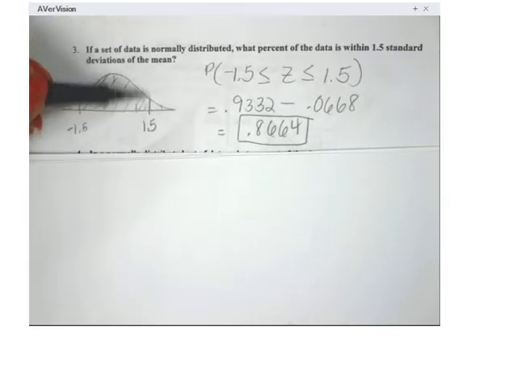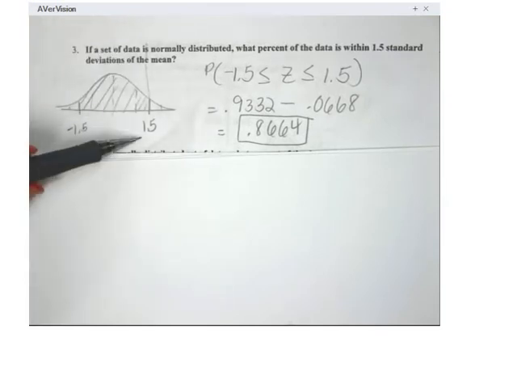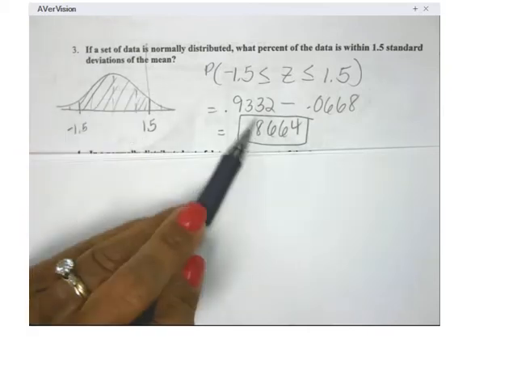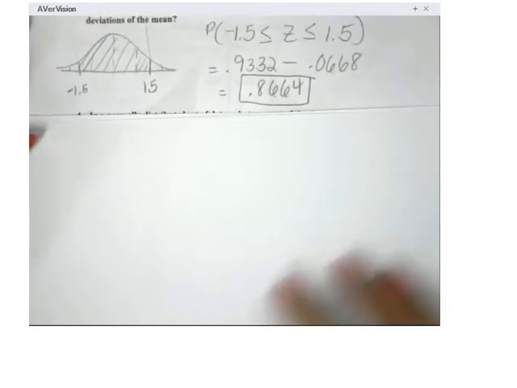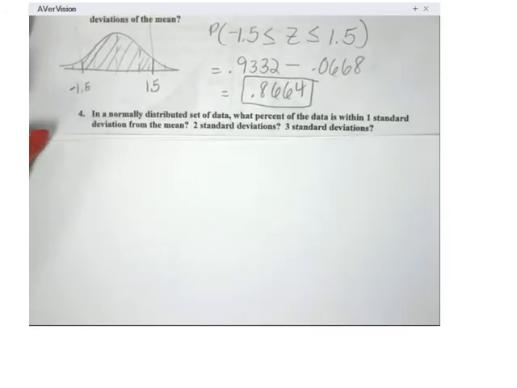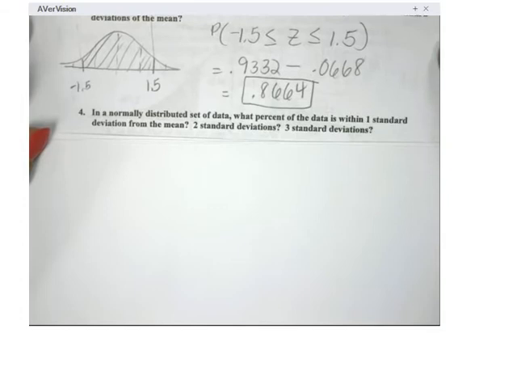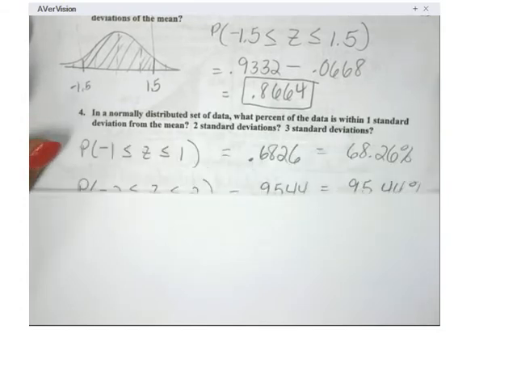This is what I want. This is my picture. And I calculated exactly the same way I did the other side. I find the area below 1.5, looking it up on my table, that gave me this. I find the area below negative 1.5, that gave me this, and the difference is the area between.